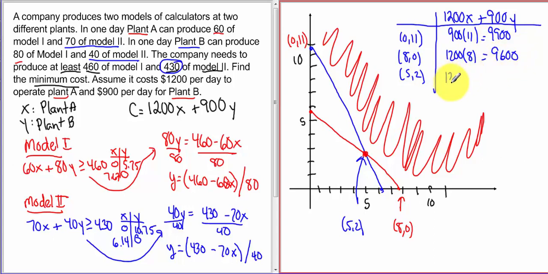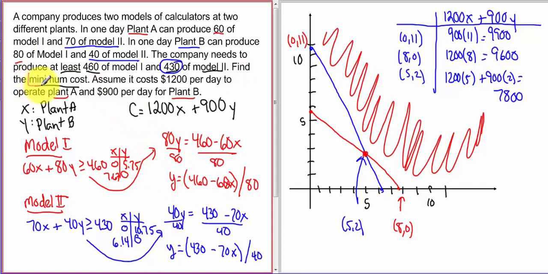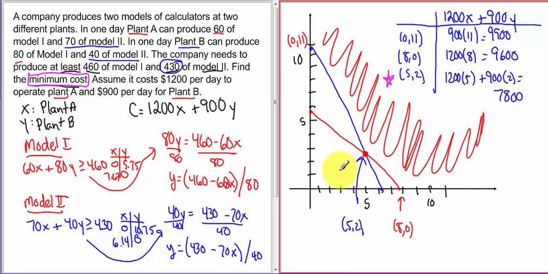And then 1,200 times 5 plus 900 times 2 gets me 7,800. So go back to the problem. What are we looking for? Find the minimum cost. So I'm looking for the smallest value. My smallest value here is there.